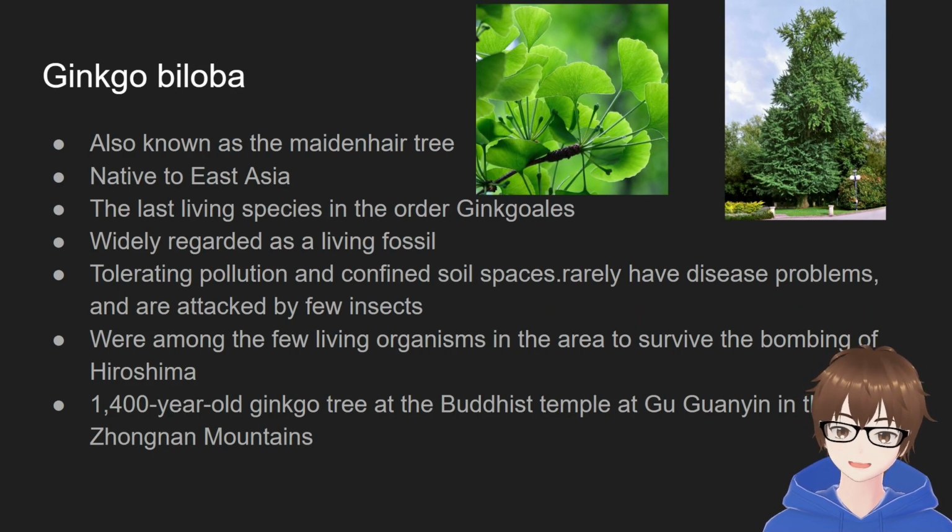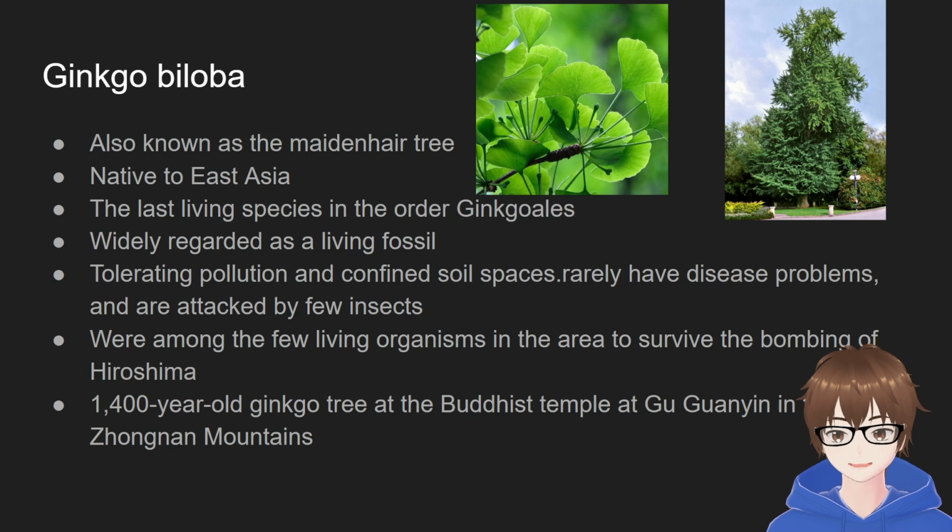Now, I want to talk about one of the plants. You know how I said the ginkgophytes were some that were there? Well, we have a ginkgo species, the Ginkgo biloba, also known as the maidenhair tree, that is known as a living fossil because it's the last living species in the order Ginkgoales, and it's native to East Asia.